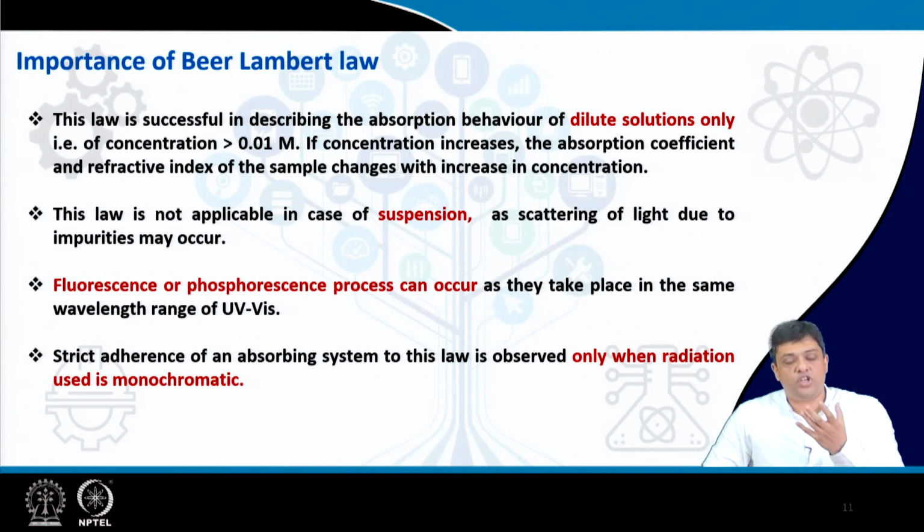So, if you have a source which is sending out more than one wavelength, then you must use filters to only send one wavelength. If you use radiation which is not monochromatic, then using this law it is difficult to obtain the concentration in solutions for the material which is absorbing the UV visible light.